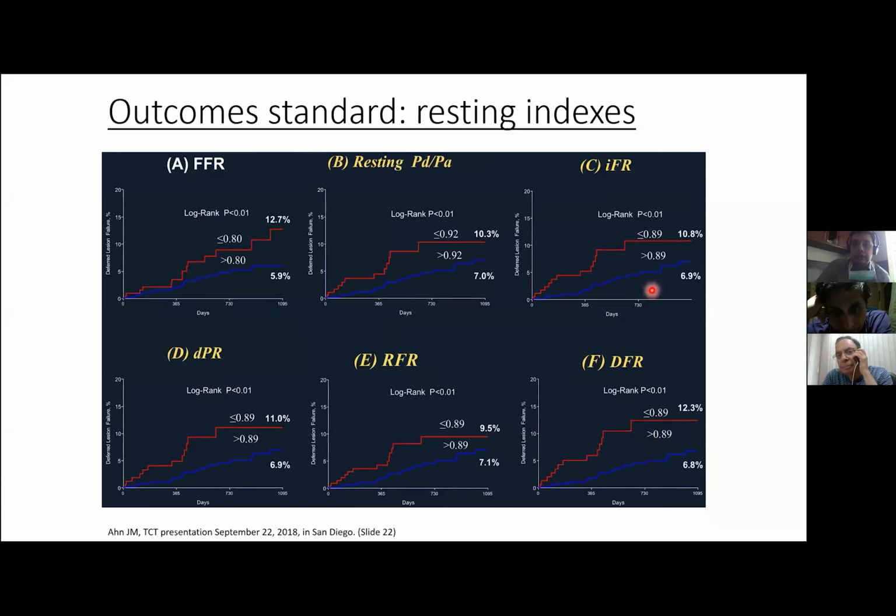And what they found was that the deferred lesion failure rate was similar for all the non-hyperemic pressure ratios, IFR, DPR, RFR, or DFR, with the same cutoff point of 0.89 compared to FFR. We'll not discuss this as non-hyperemic pressure ratio, because this is something different. But of all the non-hyperemic pressure ratios, the most commonly used ones, the IFR, DPR, RFR, and DFR, all of them are having the same cutoff point. All of them are having the same deferred lesion failure rate compared to fractional flow reserve.